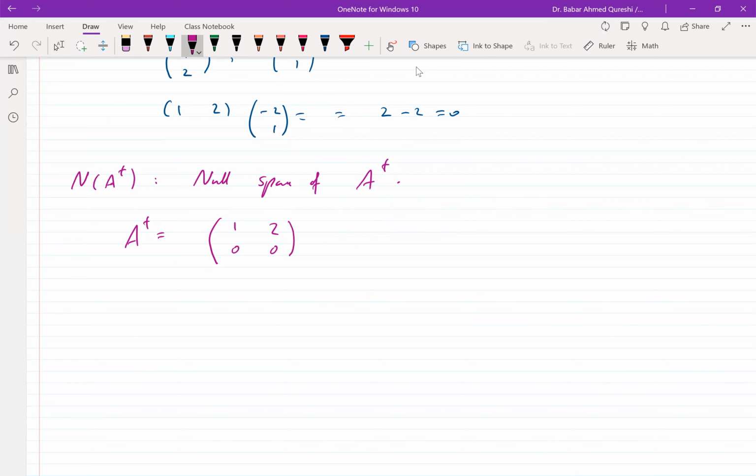And the null space is all those vectors which solve this. X is some x, let's say x1, x2.